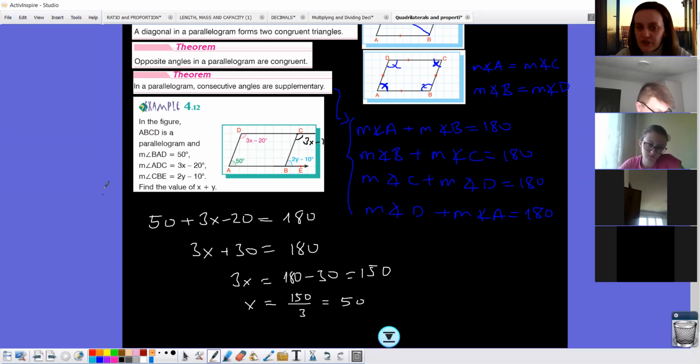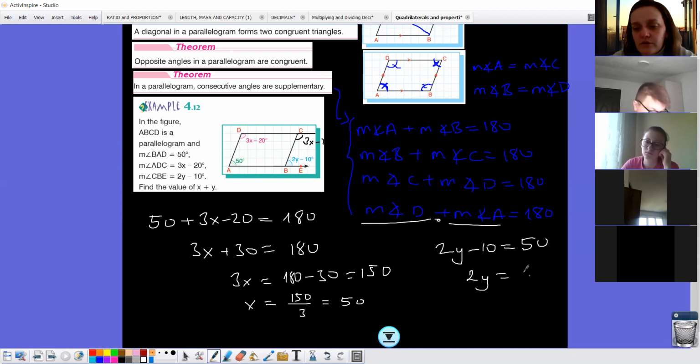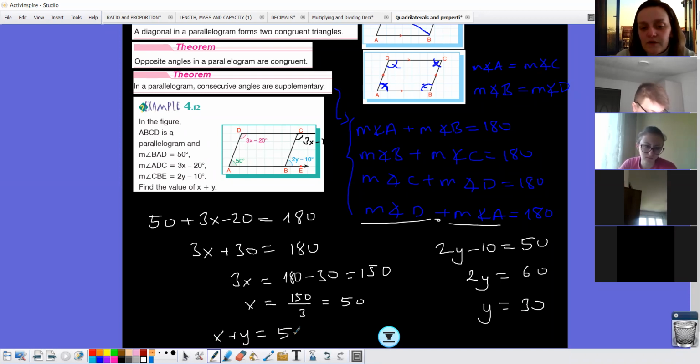With the same logic, here you have 50, and because they are parallel, 2y minus 10 will be 50 degrees. So 2y minus 10 is equal to 50, then 2y is equal to 60, then y is equal to 30. The question asks for x plus y, which is 50 plus 30, 80 degrees. Okay?